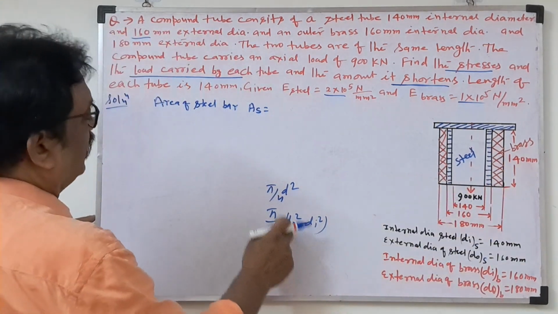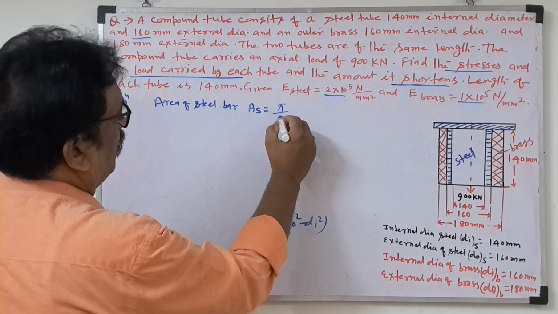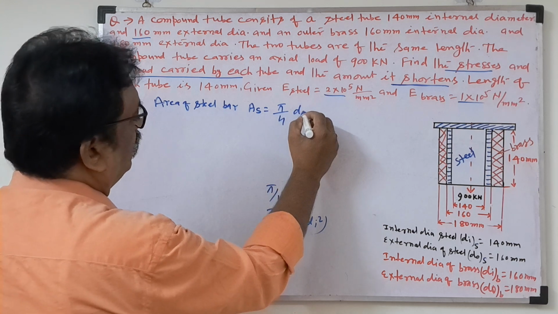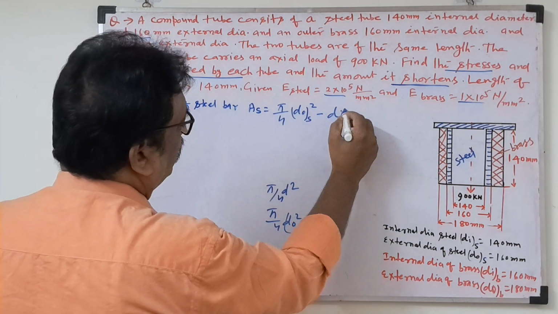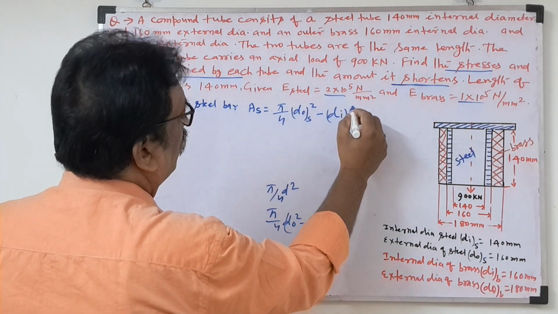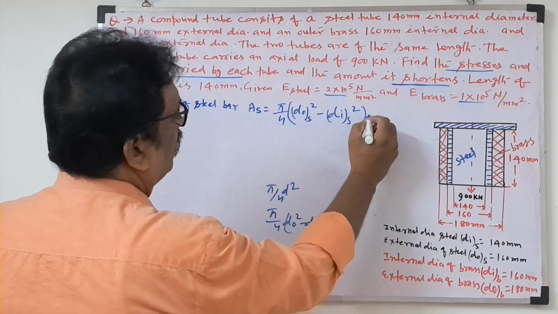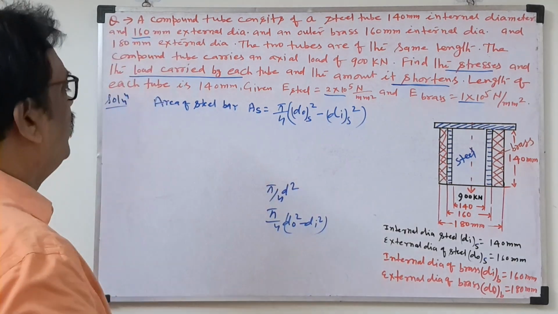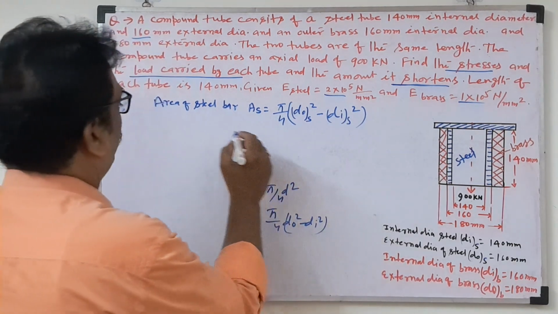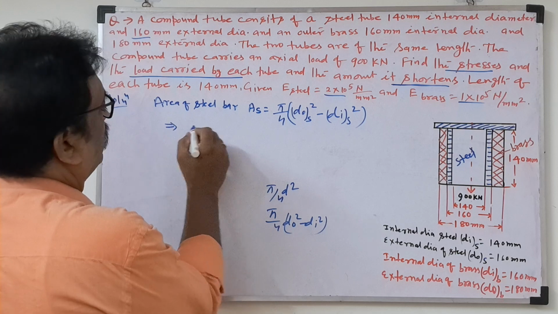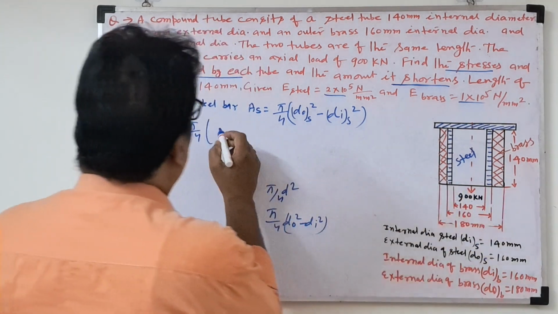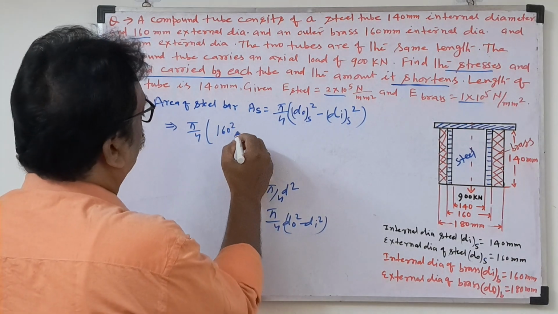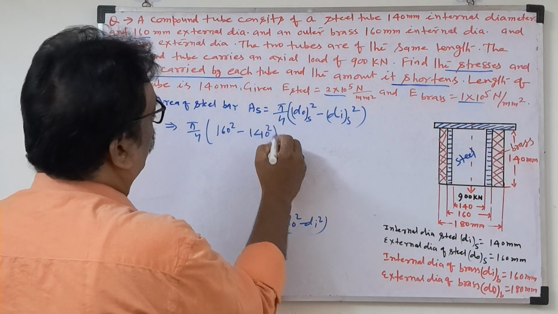So the area of the steel bar is pi by 4 into (D0S square minus DIS square). Substituting the values: pi by 4 into (160 square minus 140 square).